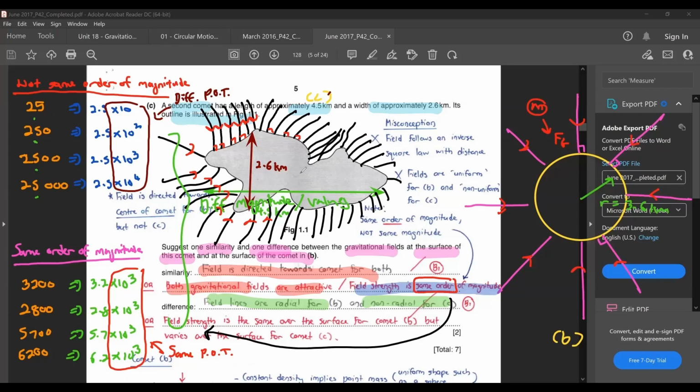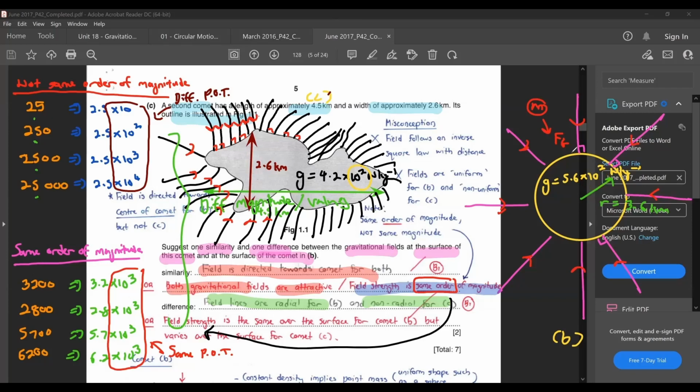It could be that this G here on the surface is maybe 4.2 times 10 power 2 Newton per kg, for example. And then for your planet here, your G is maybe 5.6 times 10 power 2 Newton per kg. Okay, the values are different, but they are considered same order of magnitude.